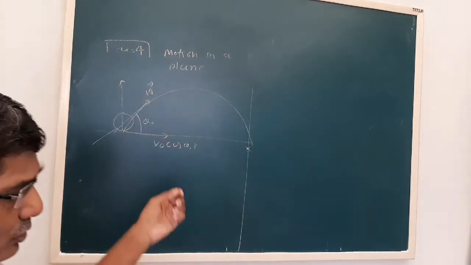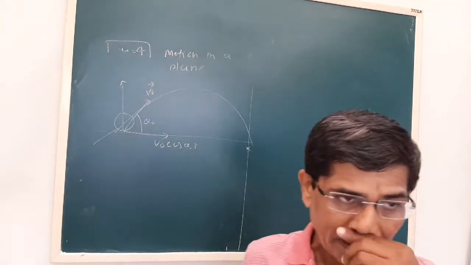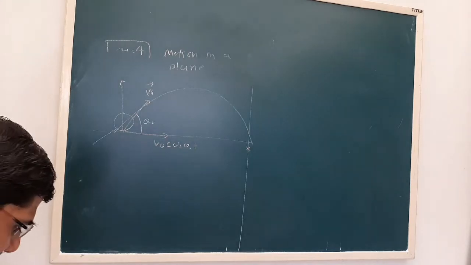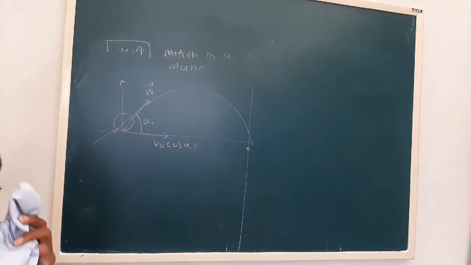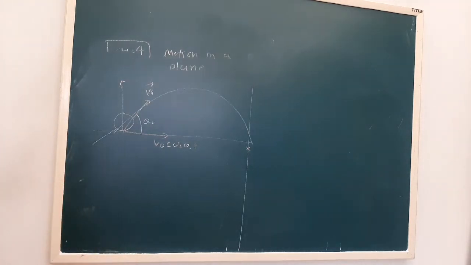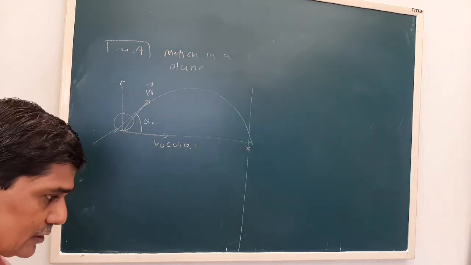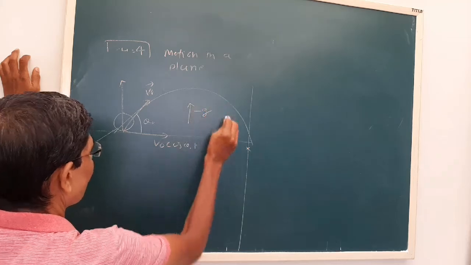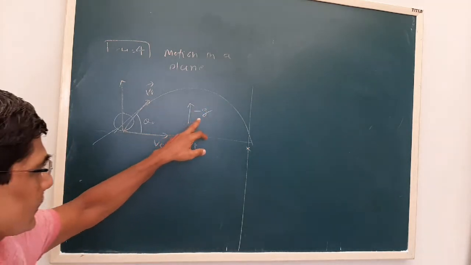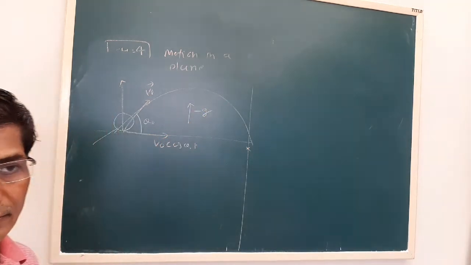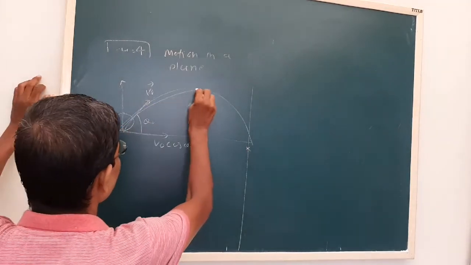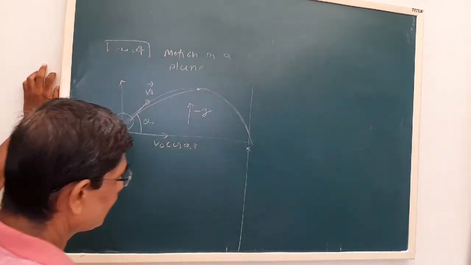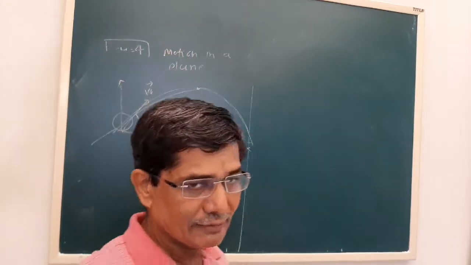Now this v0 cos theta, that is the x component, is not affected by any other external parameter. So that's why we say this is a motion with a constant horizontal velocity, and we know it moves under the gravitational field of the earth. You can see here it reaches maximum height and comes down, that is because of the gravitational acceleration.